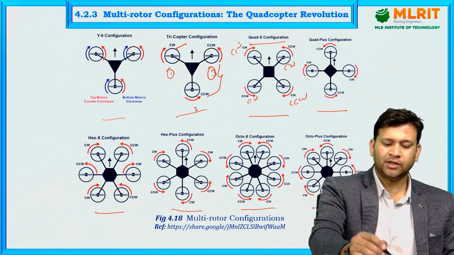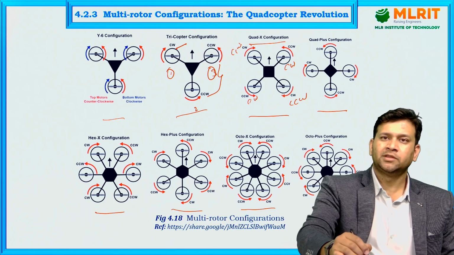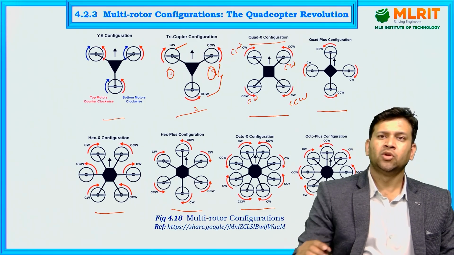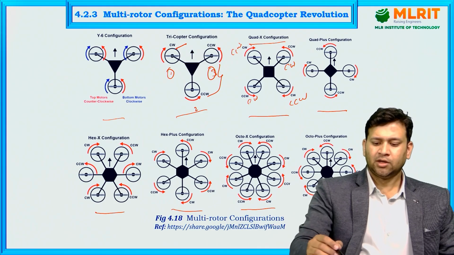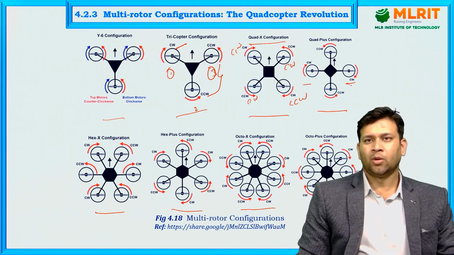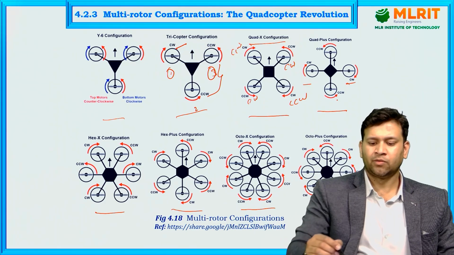So it will be vice versa. One diagonal will be clockwise and the other diagonal will be counterclockwise. Then coming to quad plus configuration, this axis will be clockwise direction, then this axis will be counterclockwise direction.